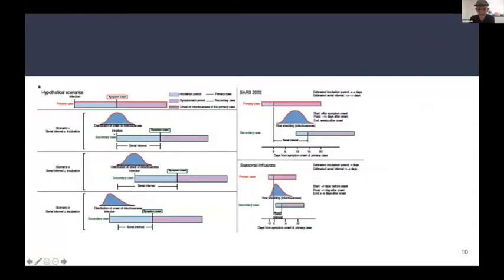But really the purpose of all of this is in order to avoid transmission of the virus to a new case. So what I want to talk to you about is when does this happen and how much do we need to see of a virus in order to think that this is a dangerous situation. So what you can see here is that most of the infection cases or transmission cases occur within 3 days before the symptoms occur.